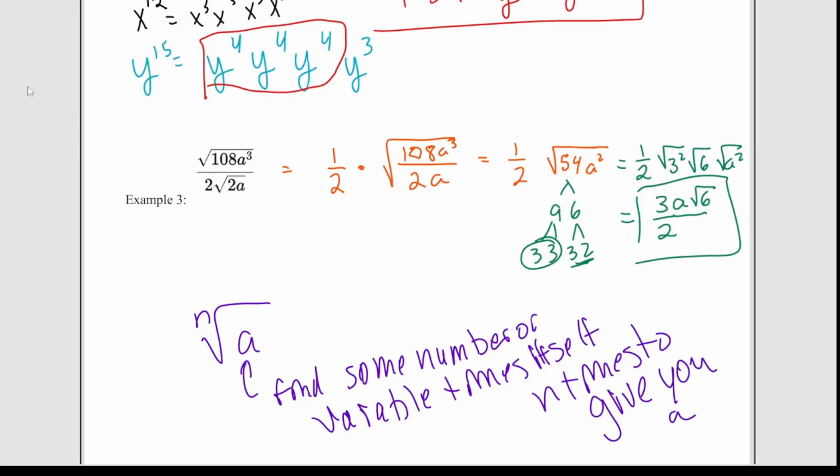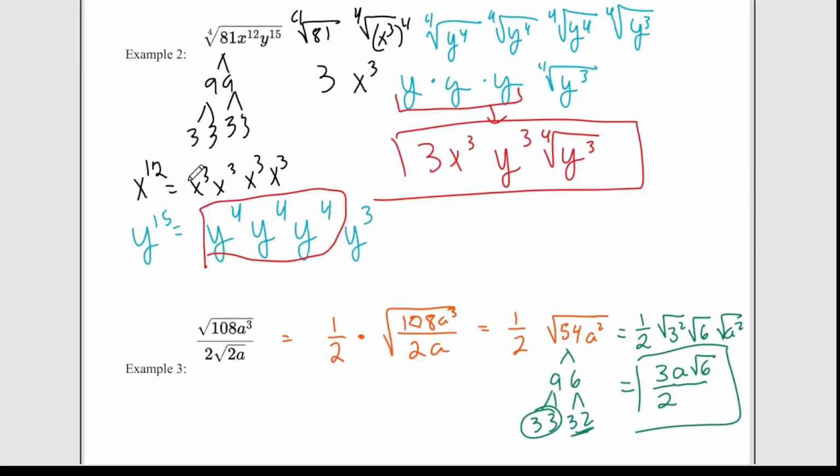You have a couple different ways of doing that. For variables, oftentimes it's helpful maybe not to literally completely prime factorize it, but to go ahead and see what you can break them down into.